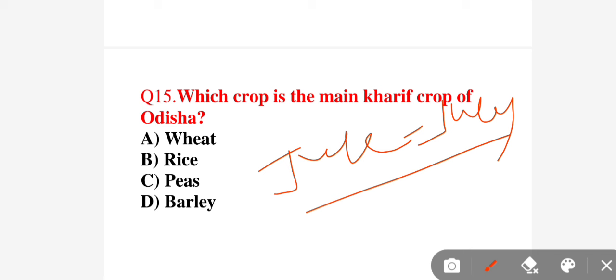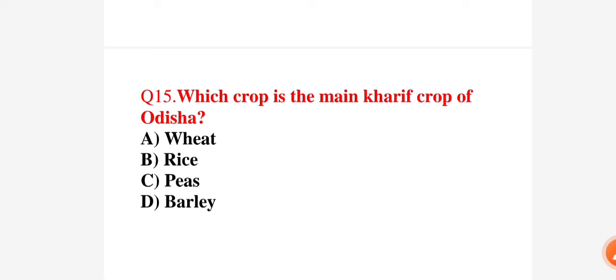Okay, if I talk about the kharif crops, can you tell me when the rabi crop is grown? Yes, the rabi crop is generally grown during October and November. Okay, at the arrival of winter the rabi crop is grown, and at the arrival of monsoon the kharif crop is grown.